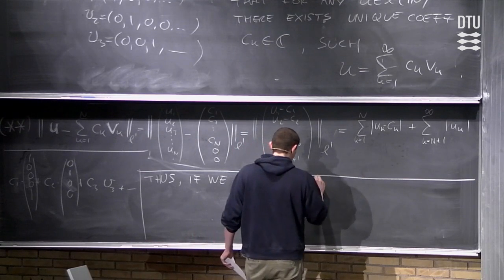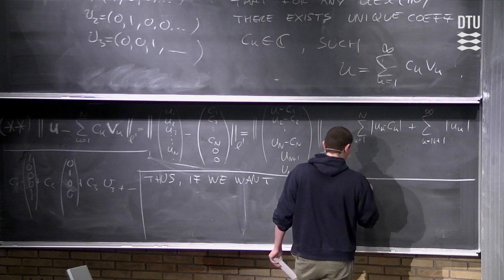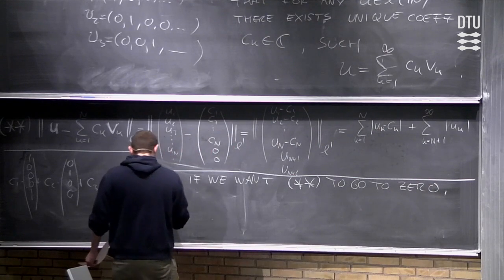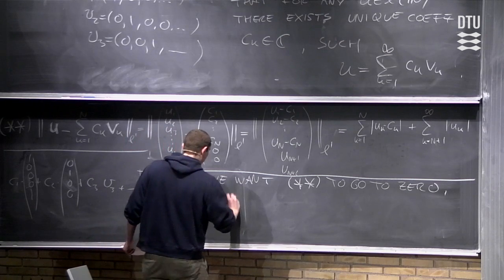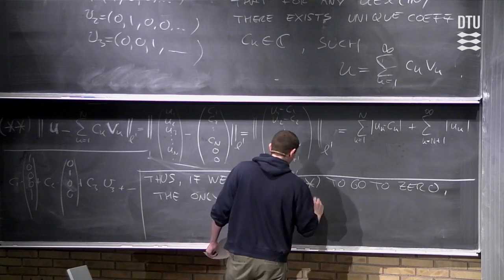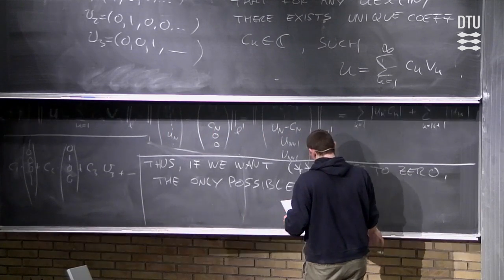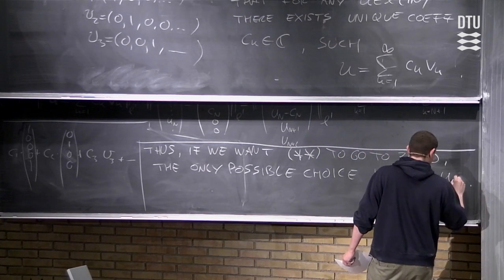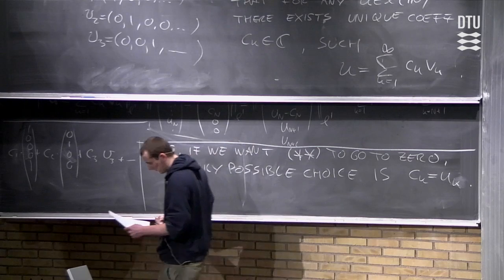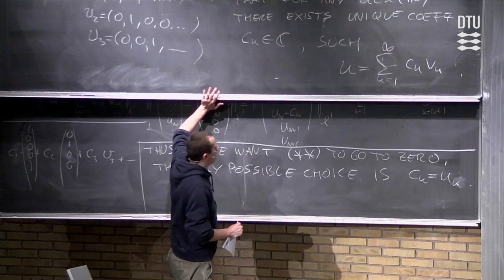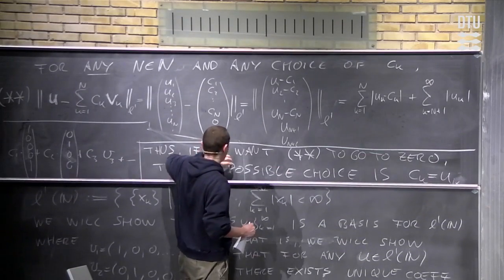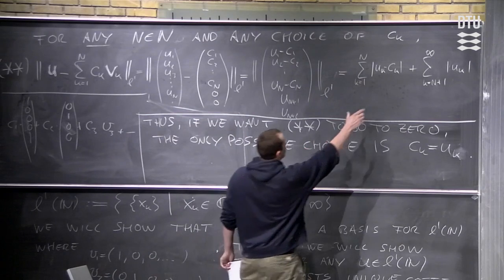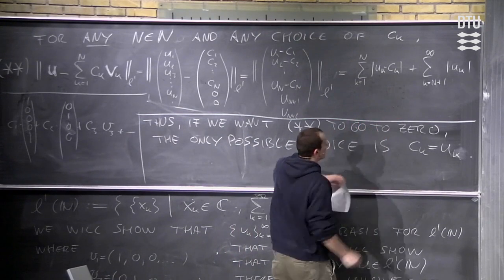So if we want this expression, star star, to go to 0, the only possible choice is the one we expect, namely ck equal to uk. Because if we make that choice, then this here is 0, and the only thing that is left is this infinite sum.